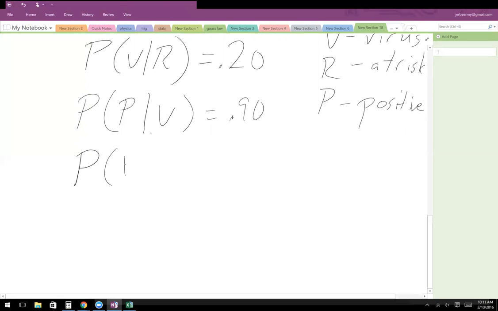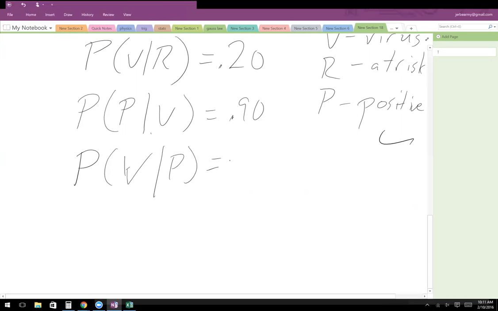Is this even Bayes' theorem at all? It doesn't really feel like it is. Because, okay, we want to know what's the probability that you have the virus given that you tested positive.